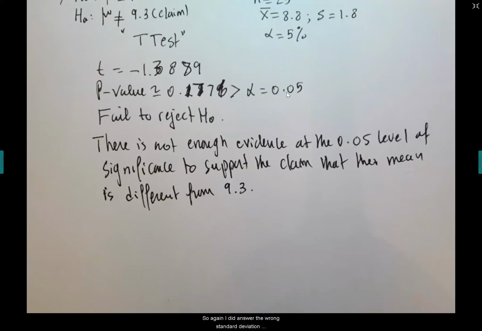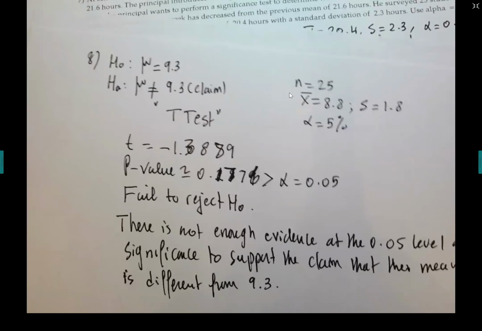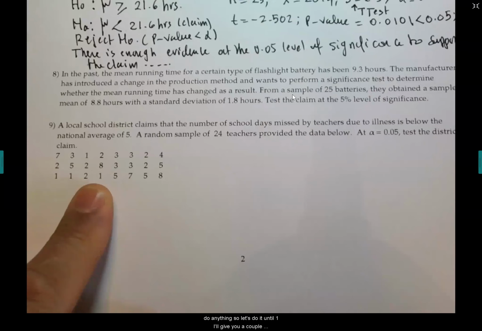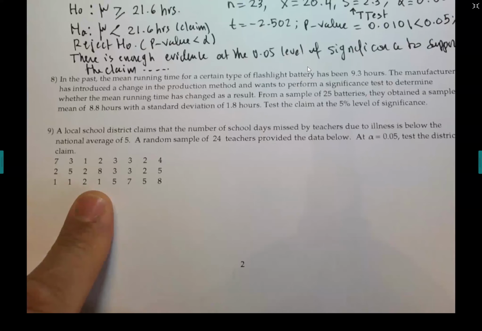Okay, so I did enter the wrong standard deviation from the previous question. For number 9, first of all, I'd like you to key in the data in L1 before we do anything. I'll give you a couple of minutes, and then we proceed with this one.